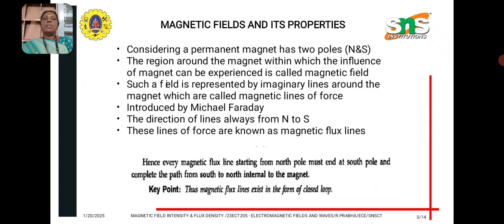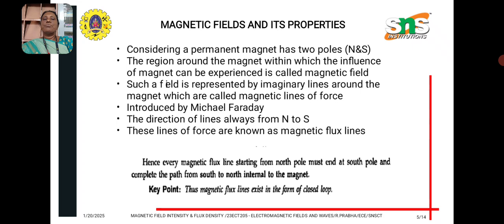Now, magnetic field and its properties. Considering a permanent magnet having two poles, north and south, the region around the magnet within which the influence of the magnet can be experienced is called the magnetic field. Such a field is represented by imaginary lines around the magnet called magnetic lines of force, introduced by Michael Faraday, and the direction of these lines is always from north to south.